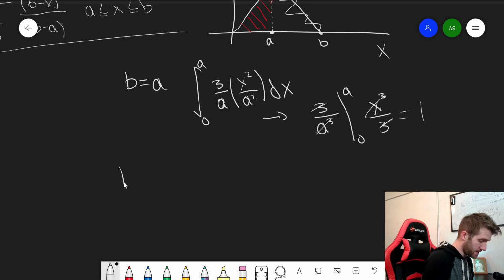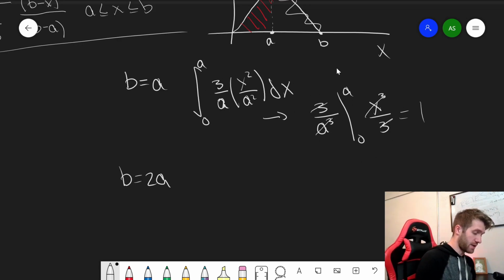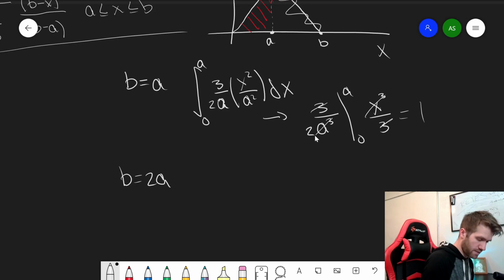Similarly, if we have B equal to 2A, you can see from the integral we've just done, everything is going from 0 to A. If we plug in 2A for B, we have 2A cubed, and what that ends up giving us when we make our cancellations is 1/2.